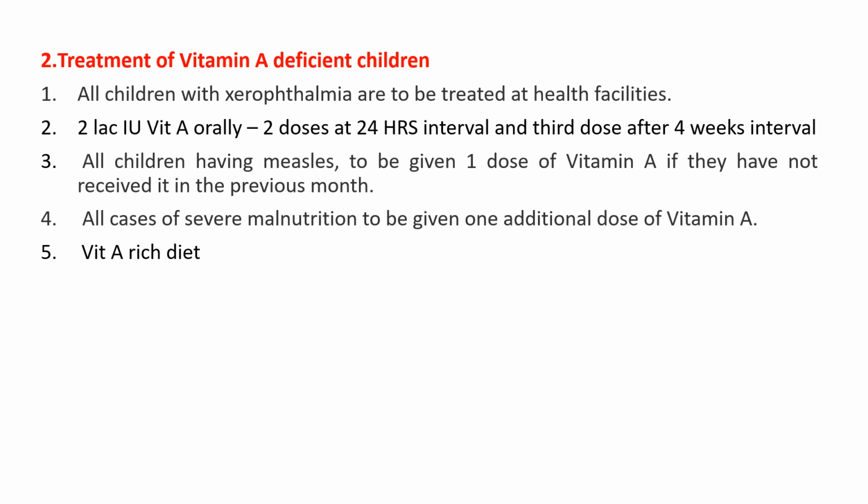Mark here, since the child is aged 11 months and 15 days, beyond 11 months it is 2 lakh international units. And any case of severe malnutrition is also to be given 1 additional dose of vitamin A along with vitamin A rich food. Here you have to keep track of some vitamin A rich food items.